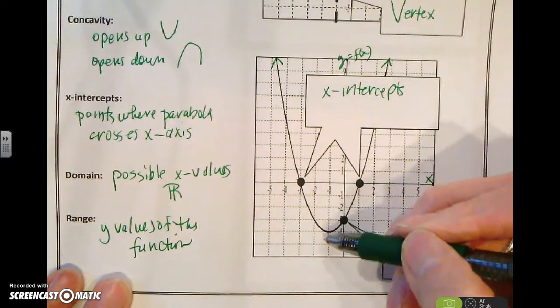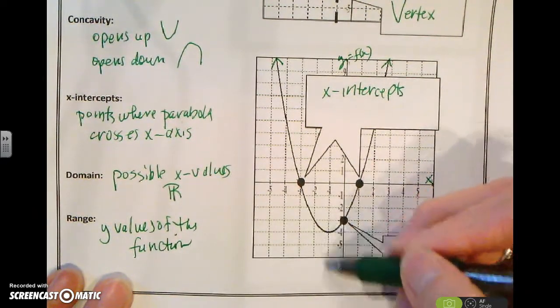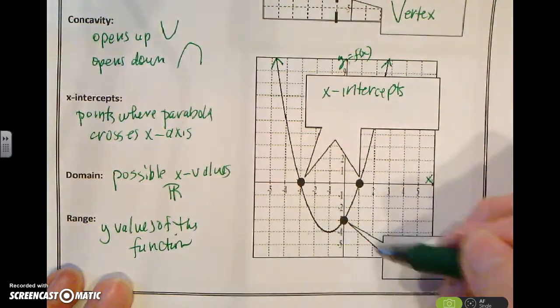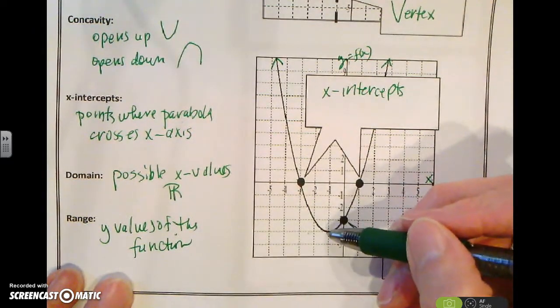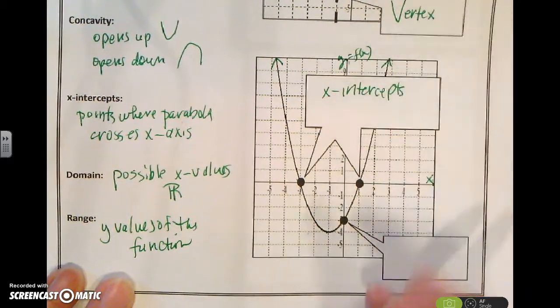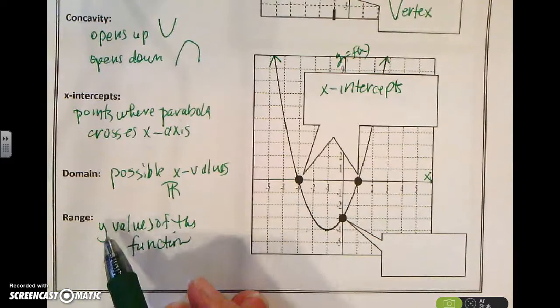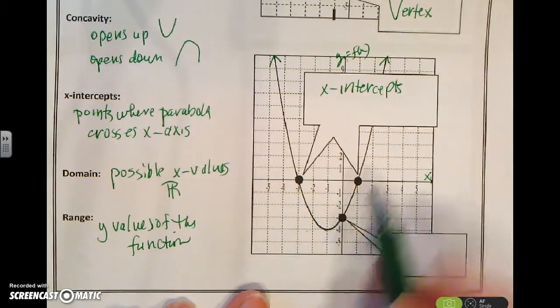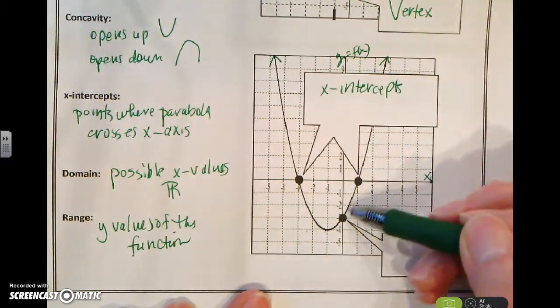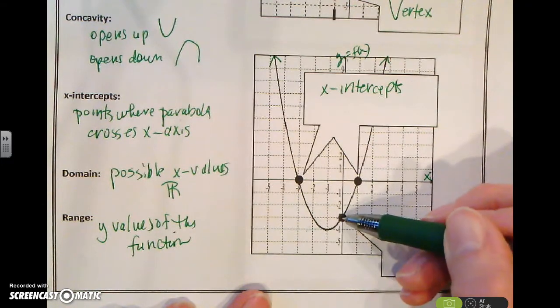And in this case, you can see that not all y values are possible. There are no y values down here. So the y values start here and go up. So not really mentioned on our list here is this point right there. And that's the point where our parabola crosses the y-axis.